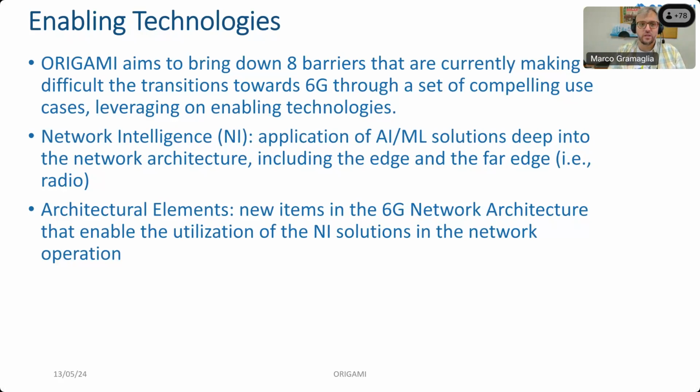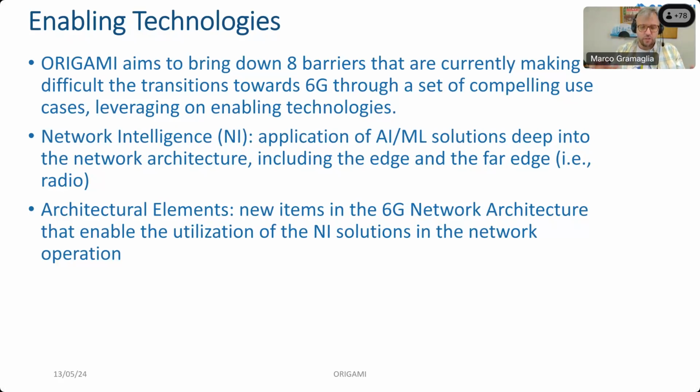We are doing that by enabling compelling use cases that we have defined, which leverage mostly 2 enabling technologies listed here. The first one is called network intelligence, NI, which is basically the application of AI/ML solutions deep into the network architecture, including the edge and the far edge, so the radio.